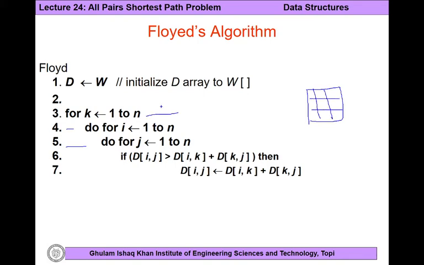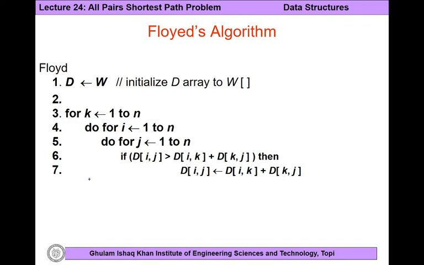And this k is important. It picks one node at a time and tries to fit it between every two nodes, and then it picks the second node and tries to put it between every pair of nodes, then it picks the third node, and so on and so forth.